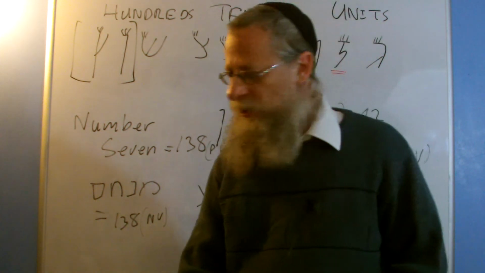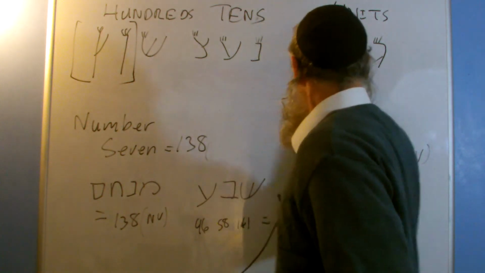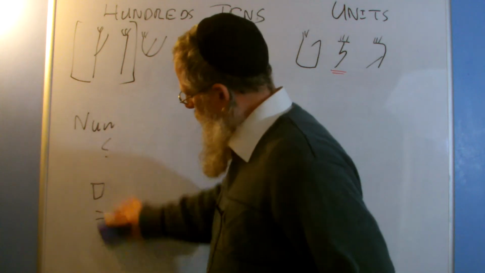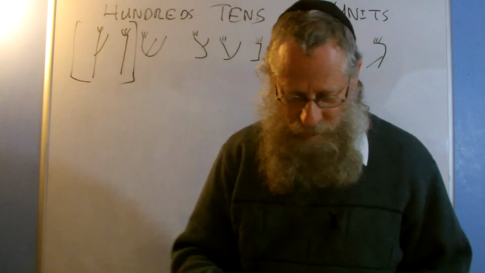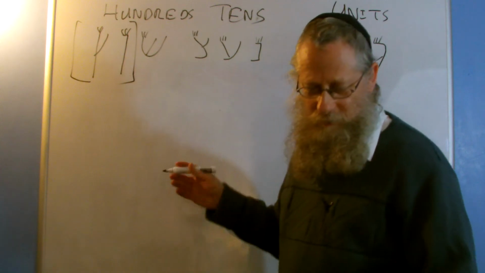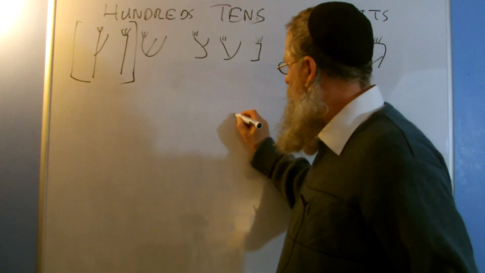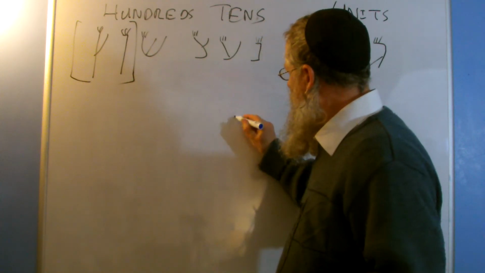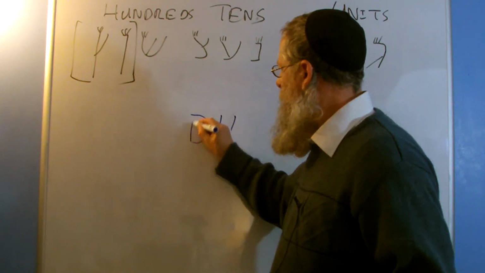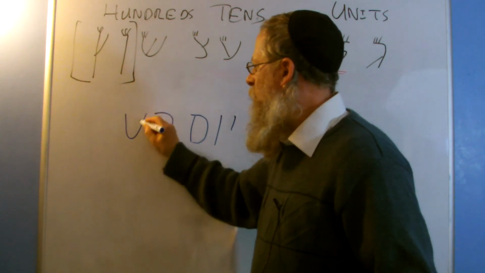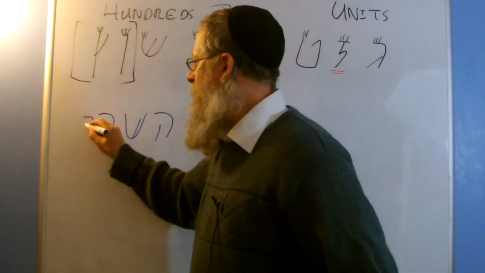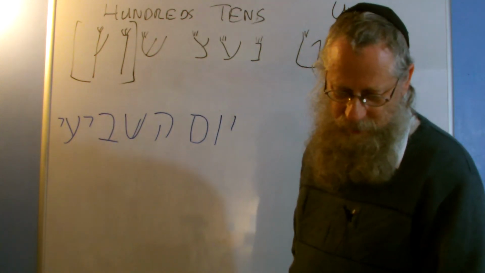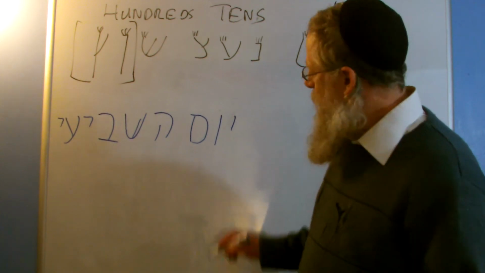Interestingly enough, Yom HaShvi in Hebrew, this is a little bit off the path, but just an indication of how the Bible is so full of very special, interesting numerical connections. So in Hebrew, Yom HaShvi, that equals 93.